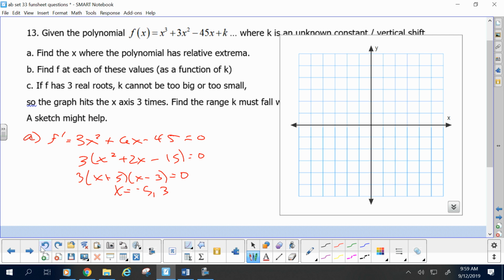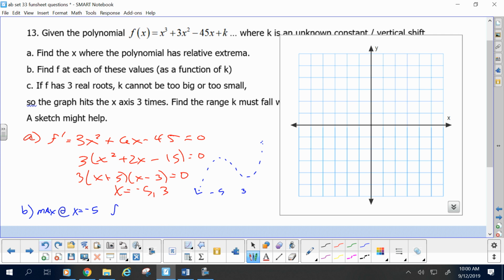I did a sign test then, and the shape does go something like this, which for a cubic is what I would expect. You with me? All right. In part B, they're not getting crazy on you. They're trying to ask you to do part B so that you even have a chance in part C. So in part B, when you have the max at x equals negative 5, they say, what's the y value at that point?